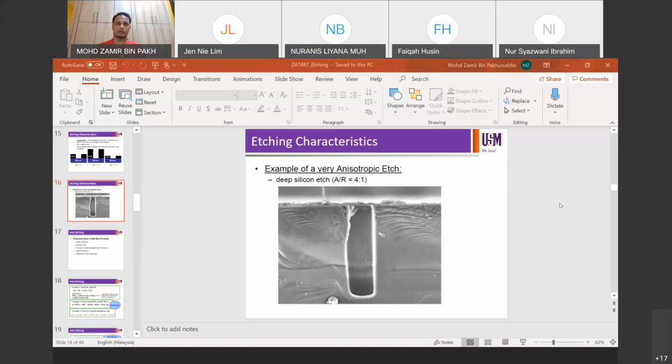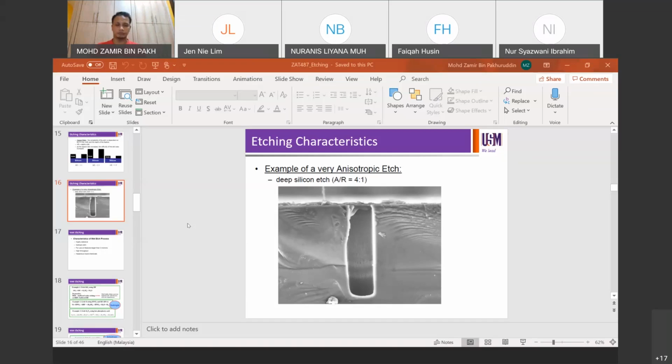Anisotropic means one direction or unidirectional, and the other one is non-directional or isotropic. Unidirectional etches one direction a lot faster than the other directions, and non-directional or isotropic etches all directions at the same etch rate. The rate can be nanometer per minute, nanometer per second, micron per minute, micron per second, or even micron per hour or nanometer per hour. It depends on what sort of etching you are talking about and what material you are handling. Those are the gist of our previous discussion on the etching process.